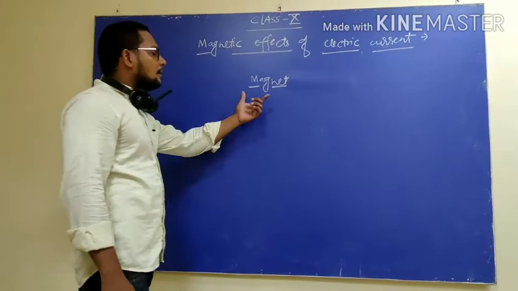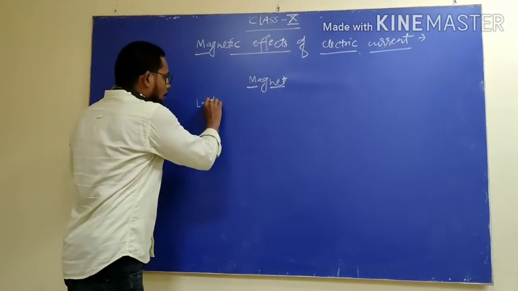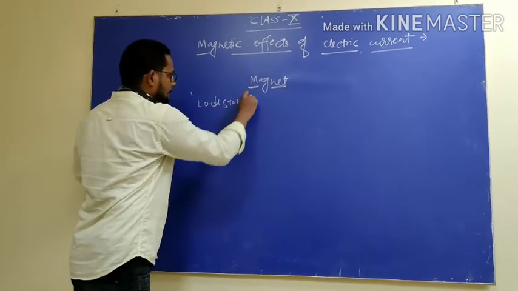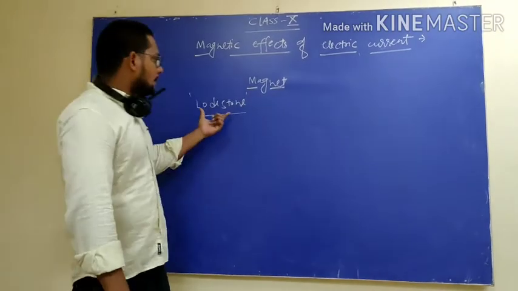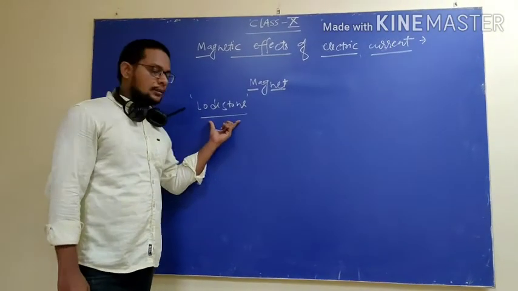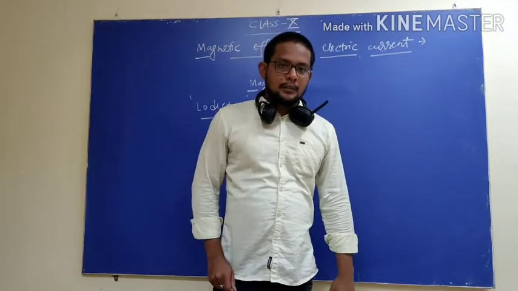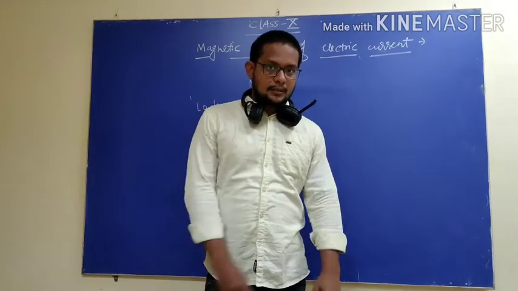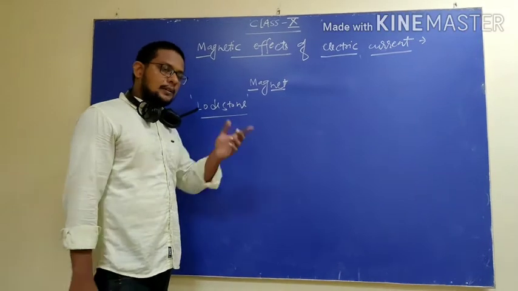Earlier it was called lodestone, before it got its name magnet. Lodestone means leading stone. It was used for the purpose of navigation because it tells us the direction.